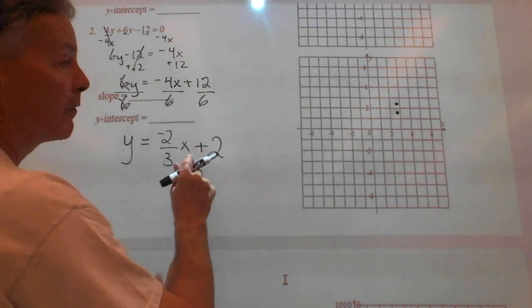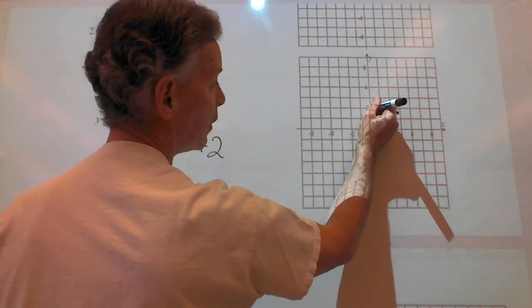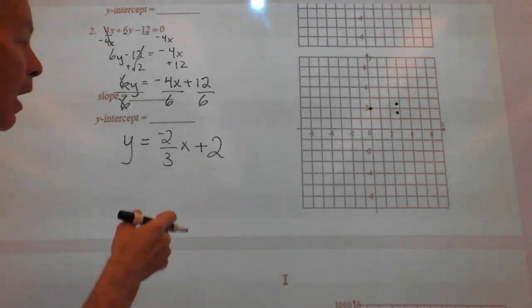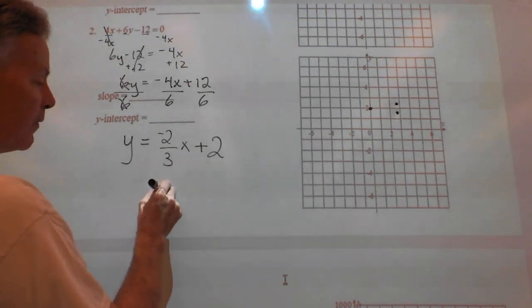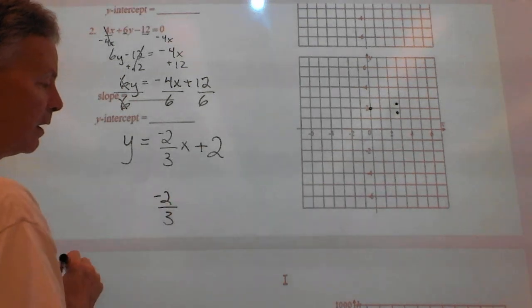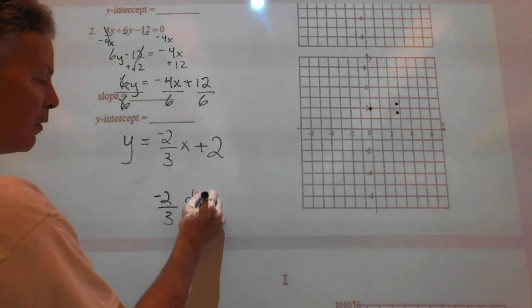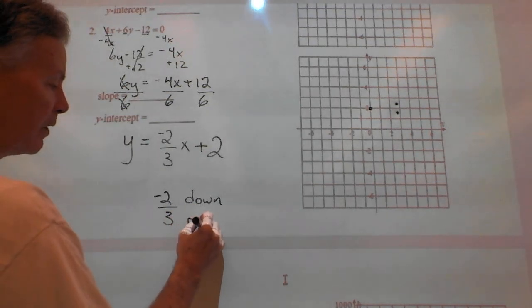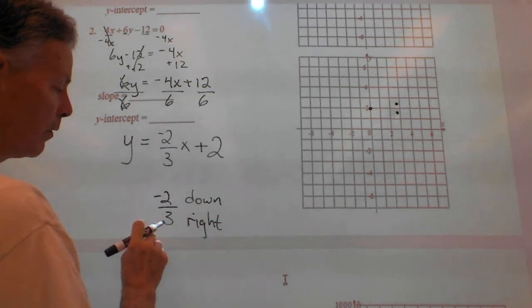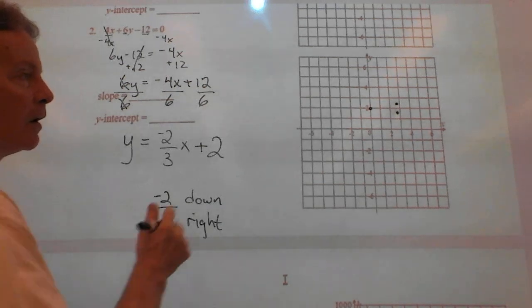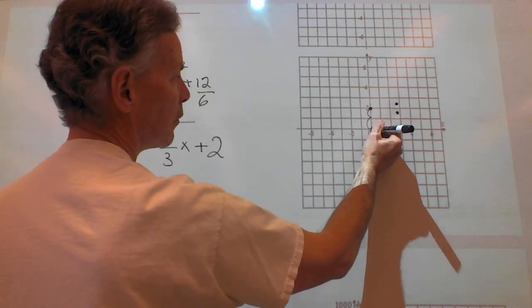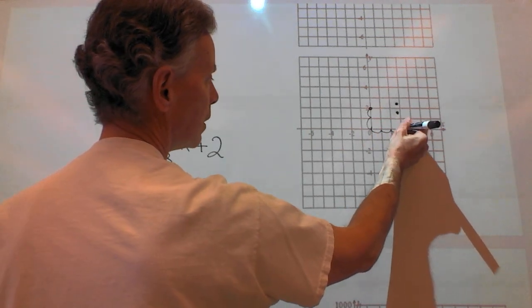So, if our y-intercept is 2, we know that we have a point right there on our line. If our slope is negative 2 over 3, that means we're going to go down 2, right, negative, and right 3, is positive, from our point. So down 2, 1, 2, right 3, 1, 2, 3.